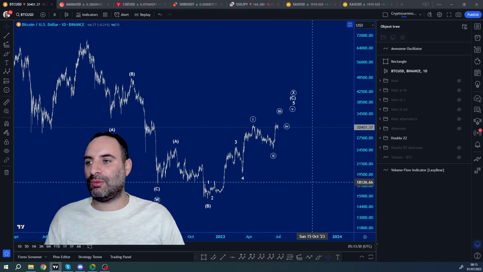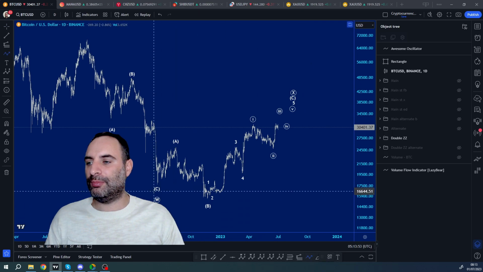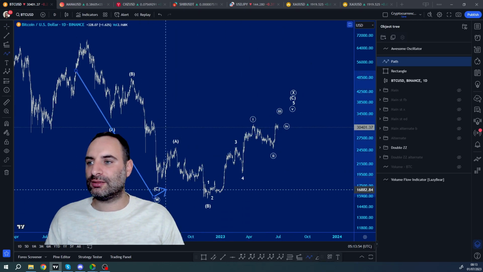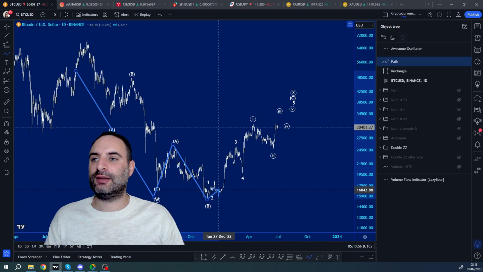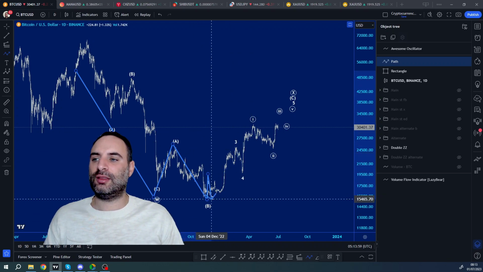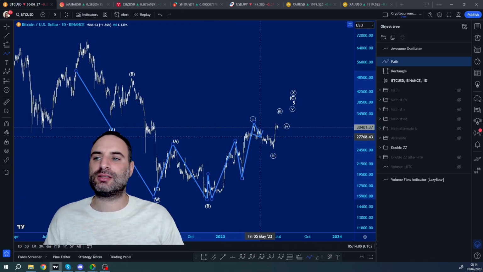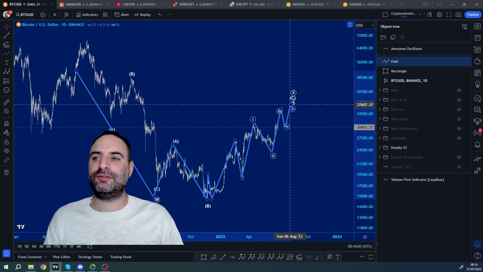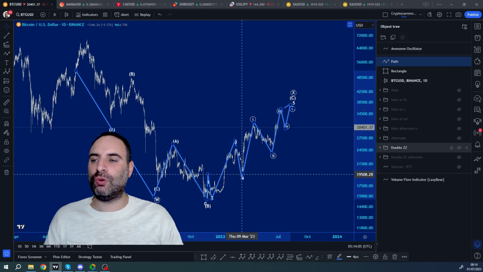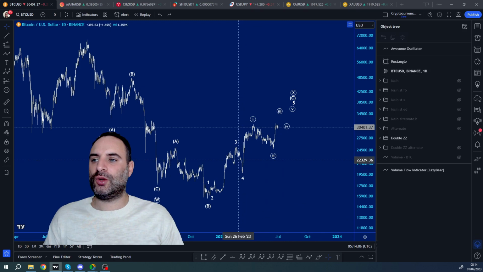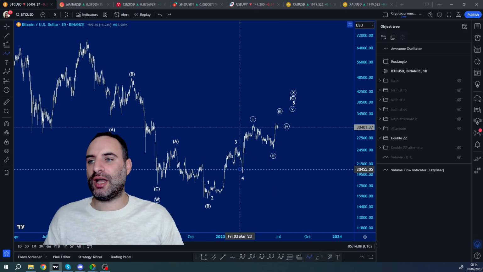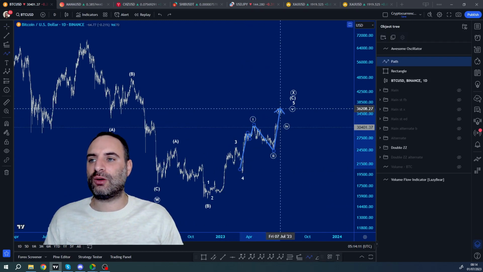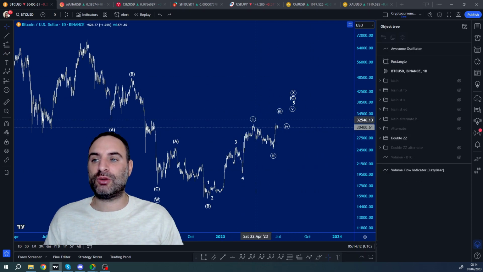Another one is the double zigzag here as a W and X. The X is again a flat. In here though, I'm just looking at this in a different way. I'm looking at 1, 2, 3, 4, and we could have essentially another ending diagonal here, or even an impulse. This can be considered both.